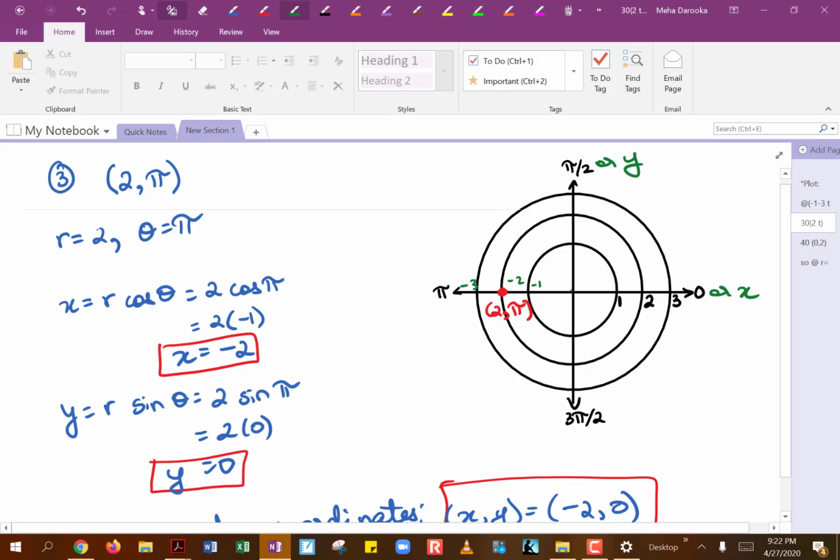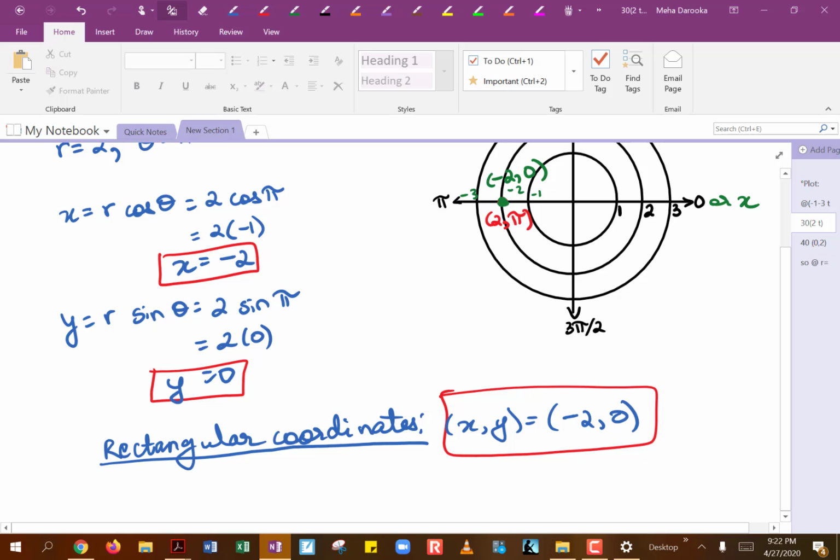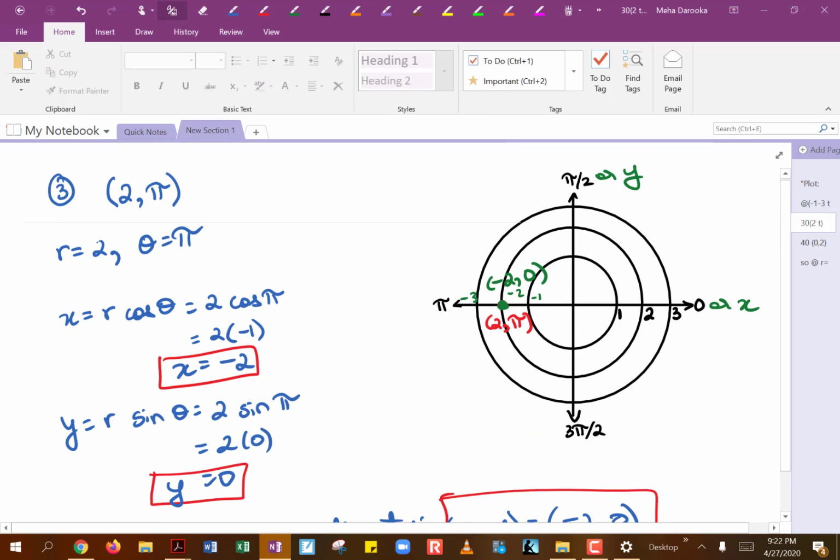So of course our negative 2, 0 would again fall at the same point over here. Sorry, rectangular coordinates, which coincide where your polar coordinates are. So they end up falling right on top of each other, right? So 2 comma pi will end up becoming negative 2, 0 in the rectangular coordinates over here.